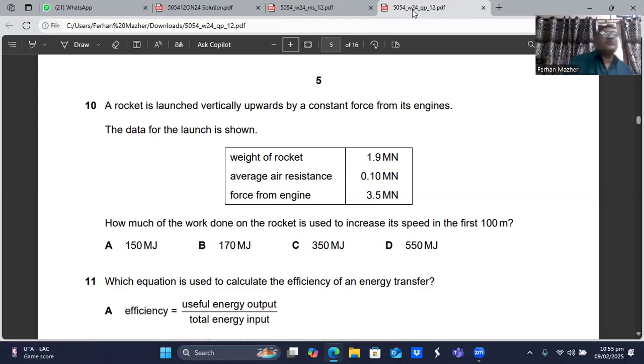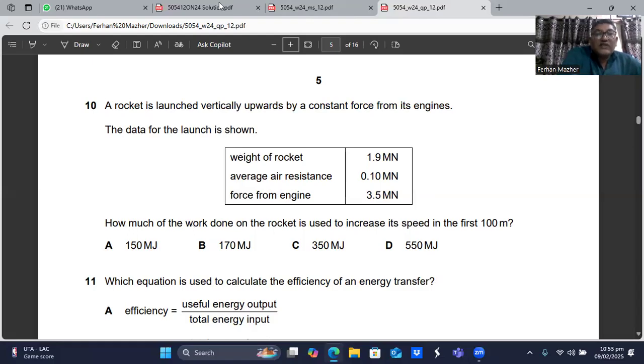And because you are going to move 100 meter, that rest of the force, we will multiply it with 100 meter, and that will give you the work done in moving the rocket, or to increase the speed of the rocket. So how much of the work done on the rocket is used?